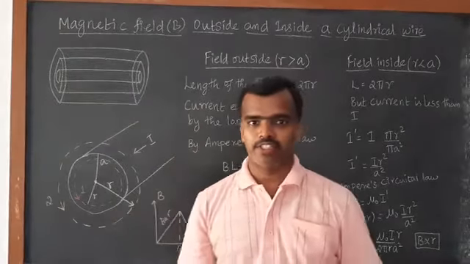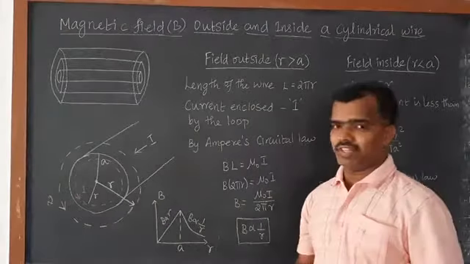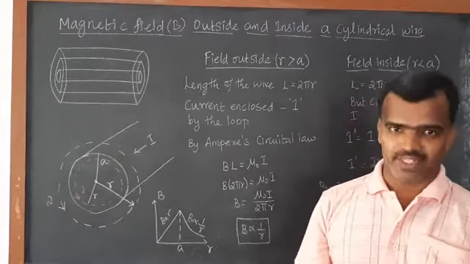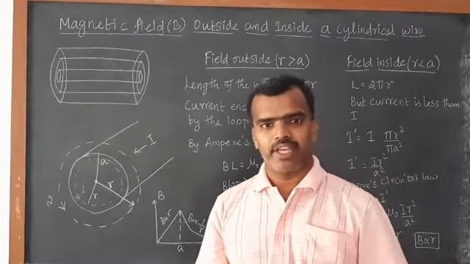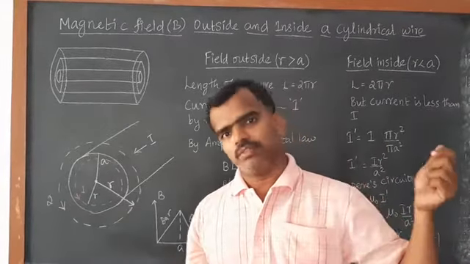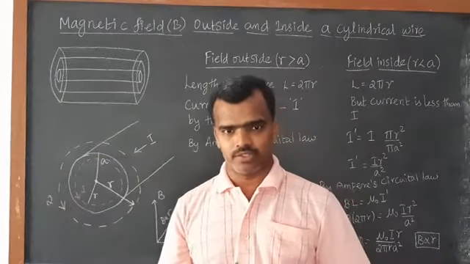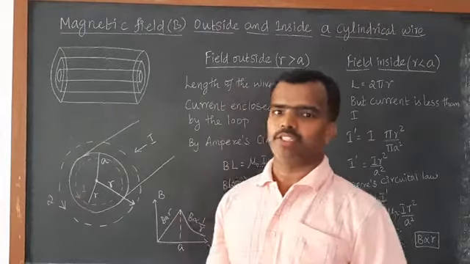Here we are going to discuss the magnetic field outside and inside a long cylindrical wire. Suppose you are taking a cylindrical wire of infinite length, with a uniform cross section.